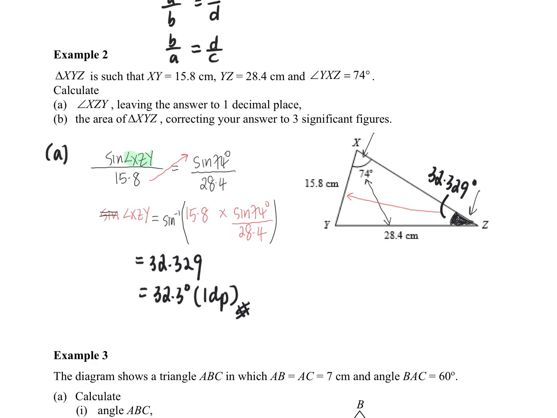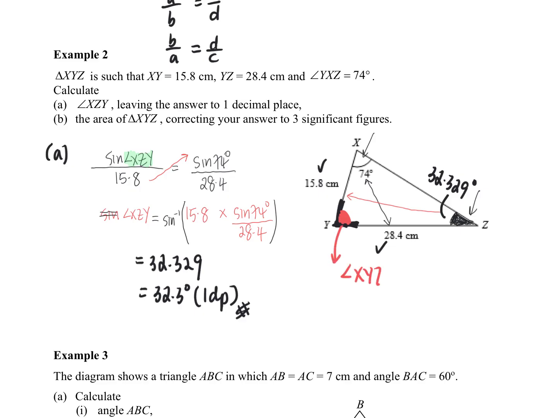Then how to find the area? Which vertex should we choose, which corner should we select, so that we have two adjacent sides and the angle in between? XYZ, this one. Because I already have the two adjacent sides, all I need is to find this angle, which I can find easily.